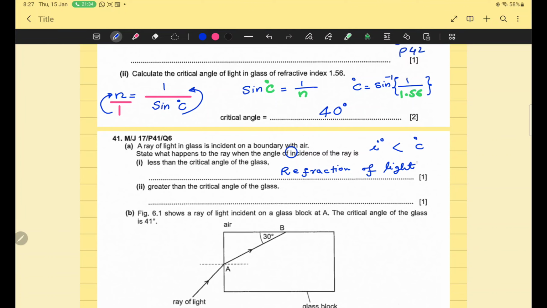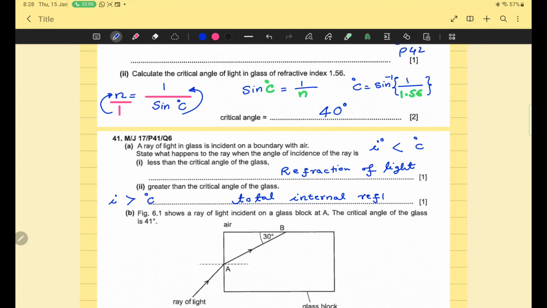When angle I is less than the critical angle, there will be refraction of light. And if angle I is greater than the critical angle, then what happens? The answer is, there will be total internal reflection.